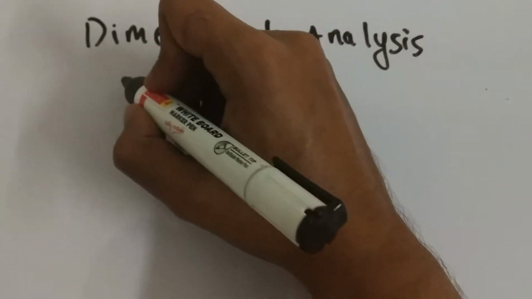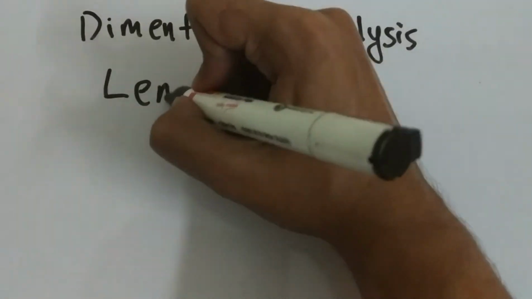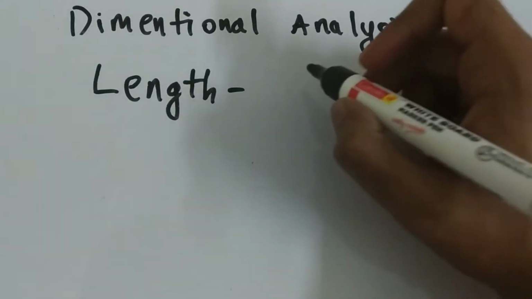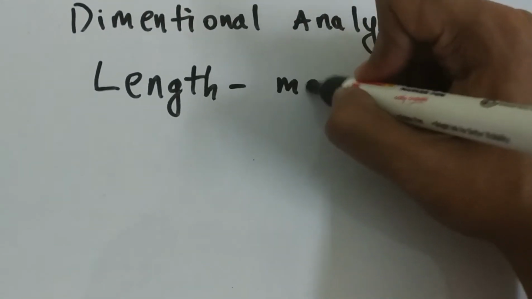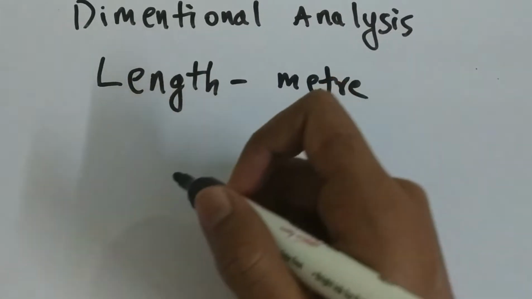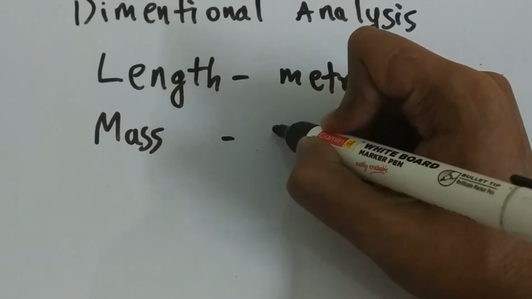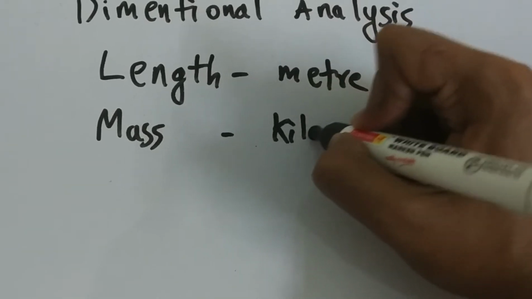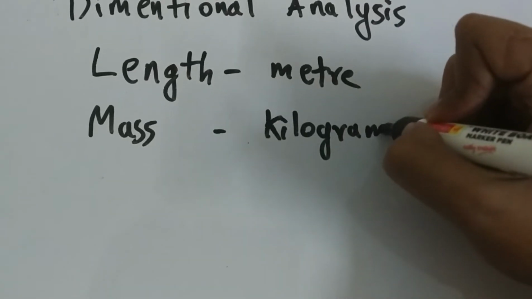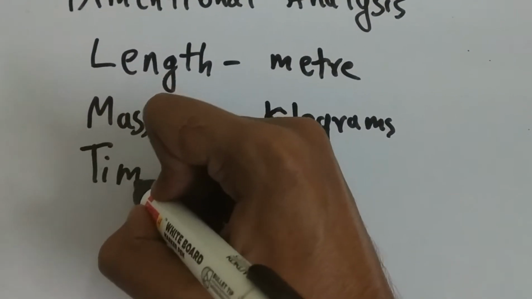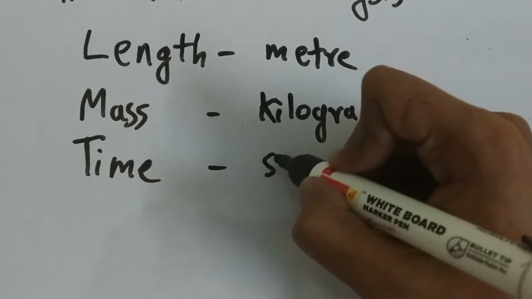For example, length has a unit, the SI unit of meter. Mass has a unit of kilograms. Time has a unit of seconds.